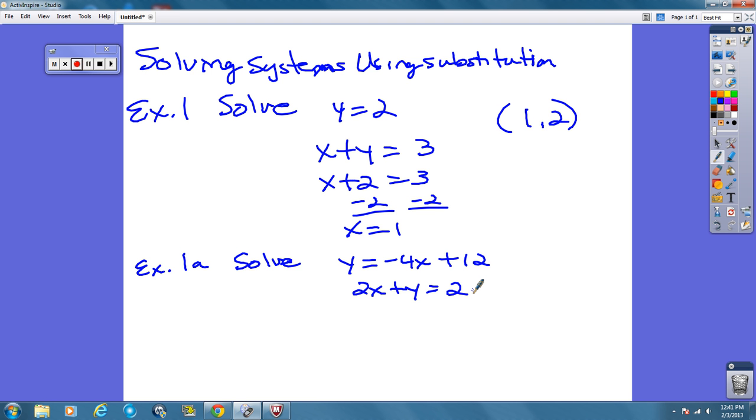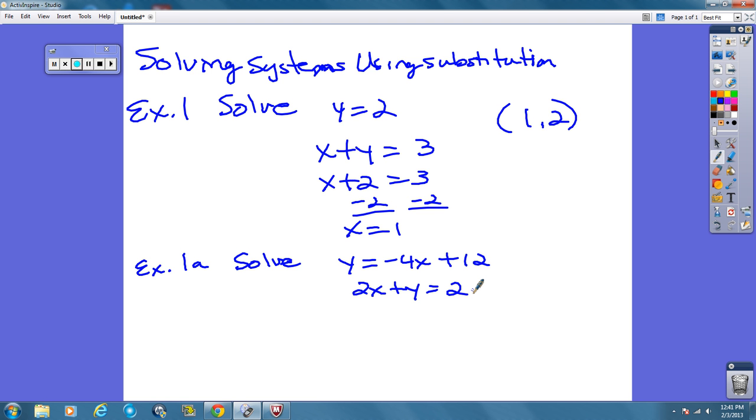Now, I don't mind using substitution, and this particular problem, 1a, is definitely a substitution problem. Why? Because you already have one of the variables isolated, or by itself. That's what needs to happen: one of the variables needs to be isolated.